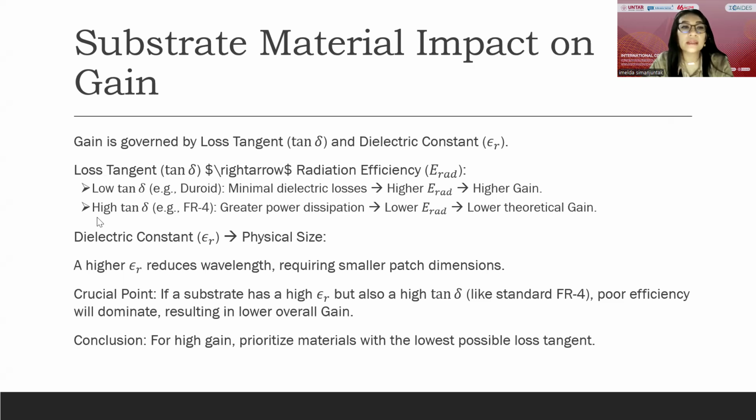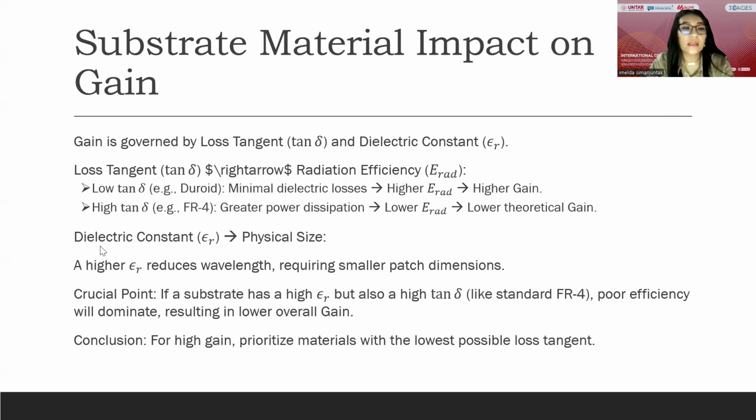On the other hand, a high loss tangent material, for example FR4, gets greater power dissipation. It means lower radiation efficiency and lower theoretical gain.